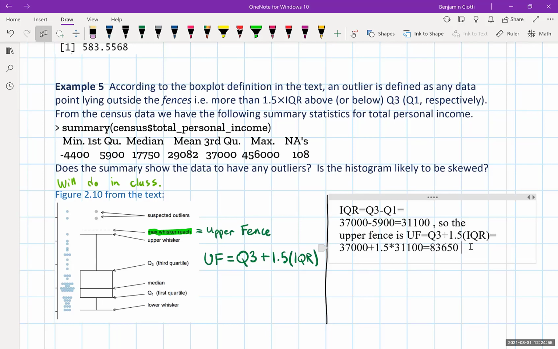That's not the upper whisker, by the way. Oh, someone tell me, how do you find the upper whisker?